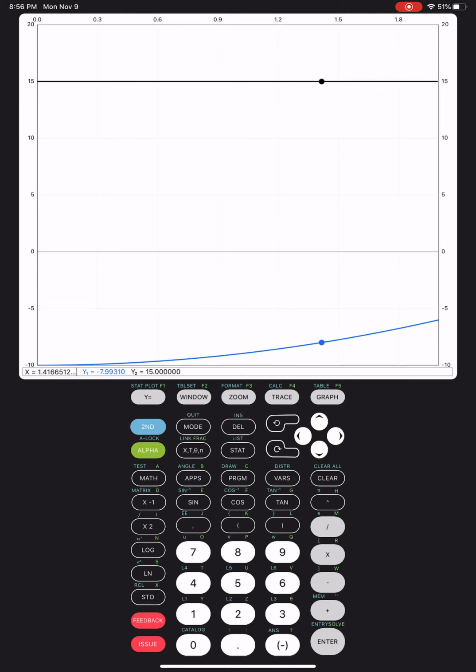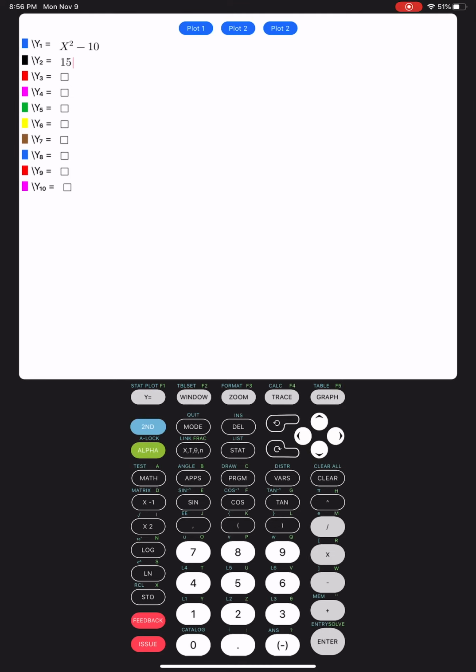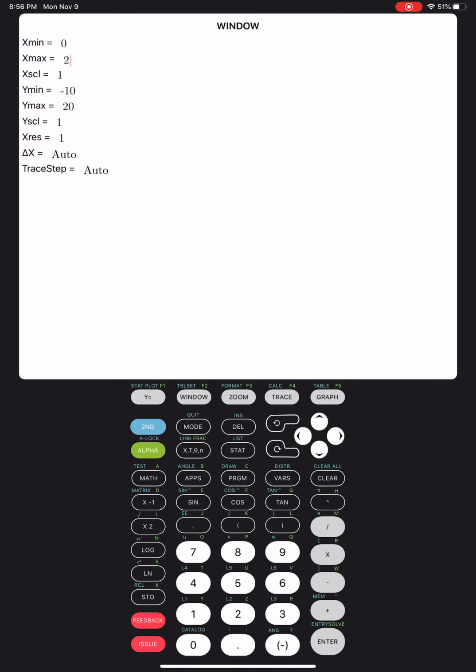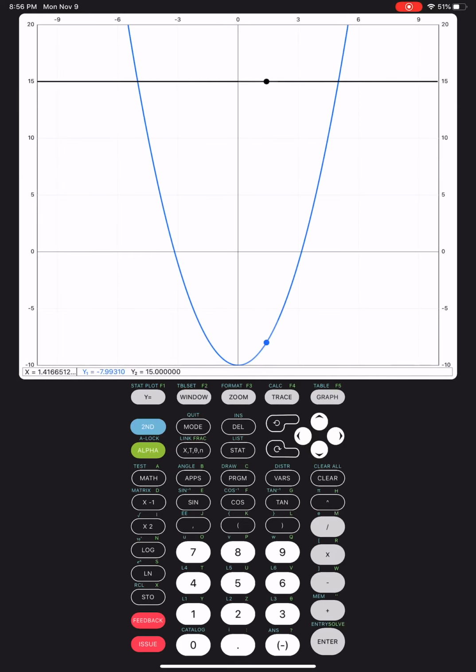Let's just see what happens. And then maybe increase x to 10 just to see what's happening here. All right, so we have this curve right over here.